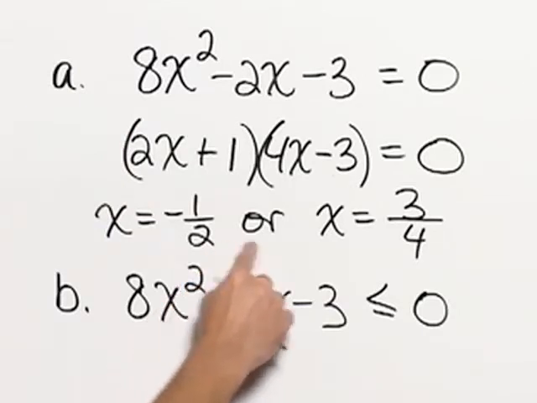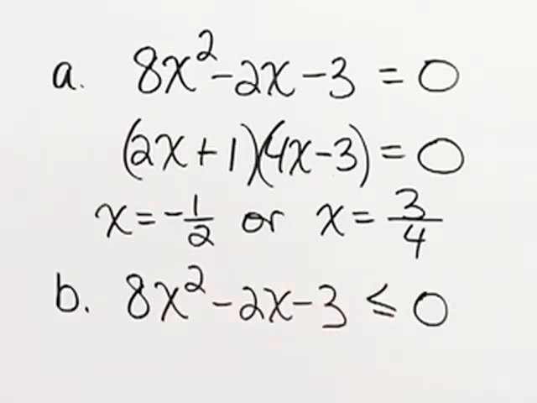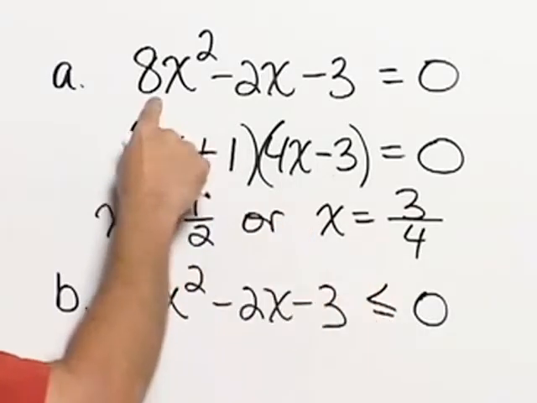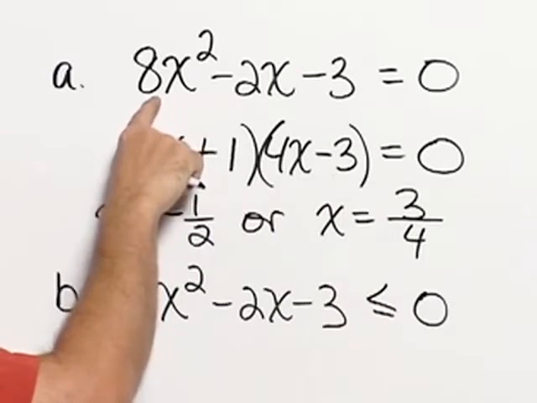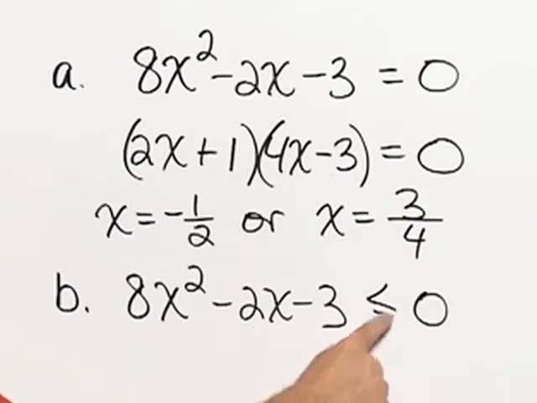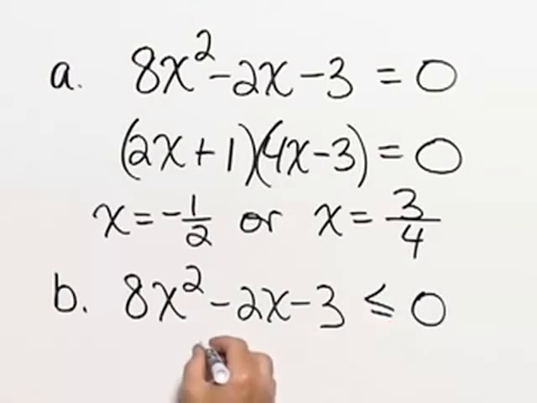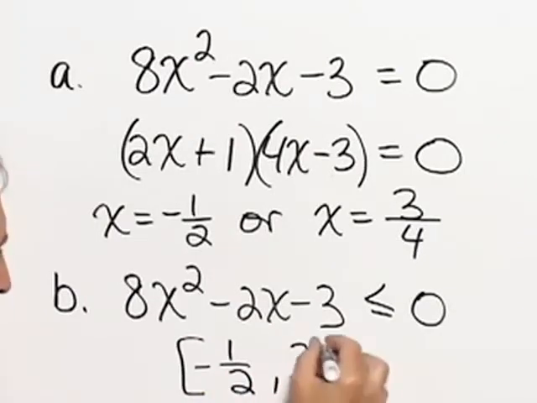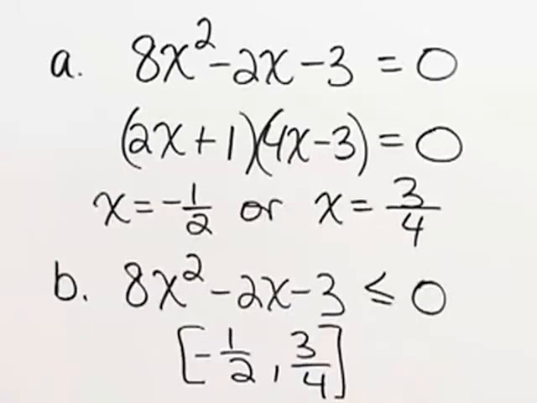Since these are our two x-intercepts, we know that the vertex will occur halfway between them, and because it's a positive a, this parabola opens up, and therefore we're interested in that section that is between the negative 1/2 and the positive 3/4. So therefore the solution to this, which is where it is negative, that is where it is below the x-axis, is the interval from negative 1/2 up through and including 3/4.